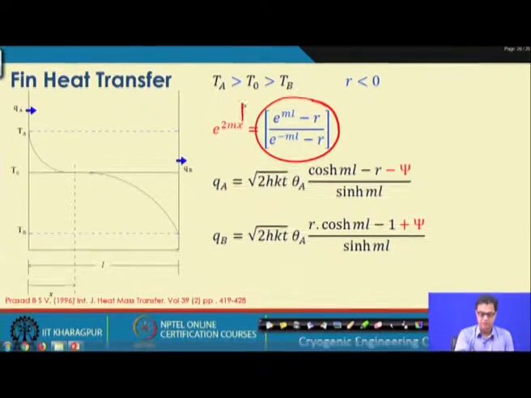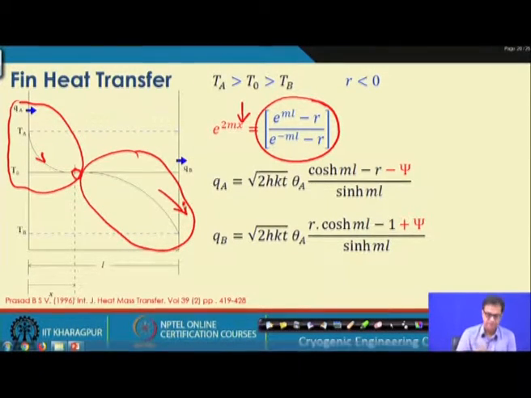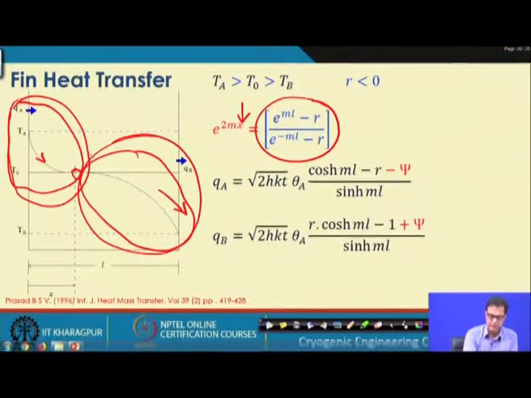Here, at the x corresponding to this fin, from here to here, the heat is coming from this wall to the fluid, and between this section, the heat is coming from the fluid to this wall. So, we have two distinct regions to calculate this Q A and Q B.